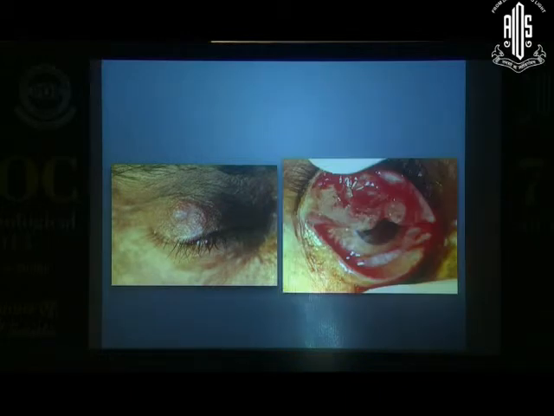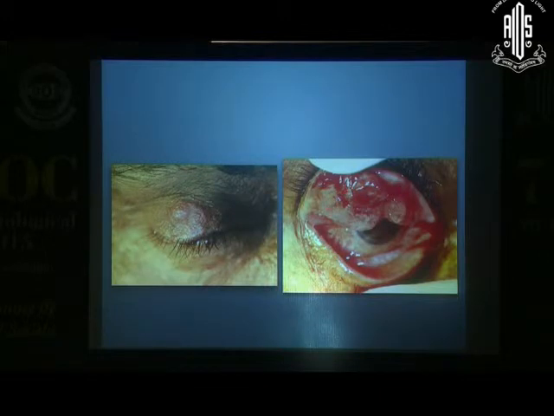So this patient had a huge mass encompassing almost the entire horizontal expanse of the upper eyelid from the medial canthus to the lateral canthus, entire tarsal plate involved in a papillary fashion, with a lot of vascularity, with bleeding happening on touching. So this is a red flag.